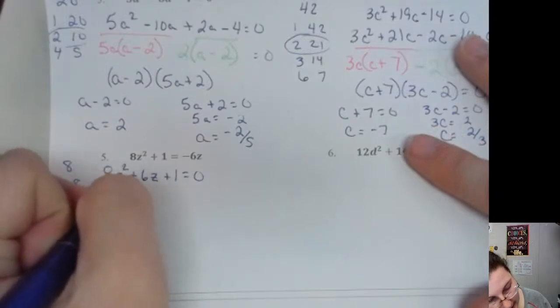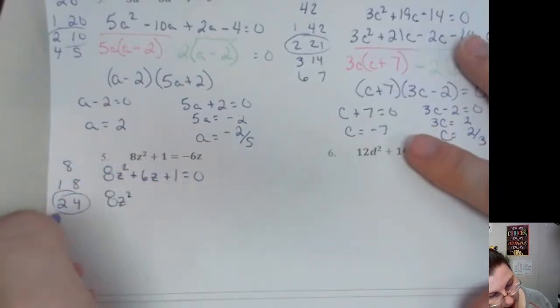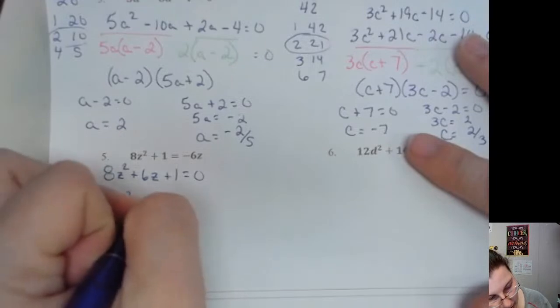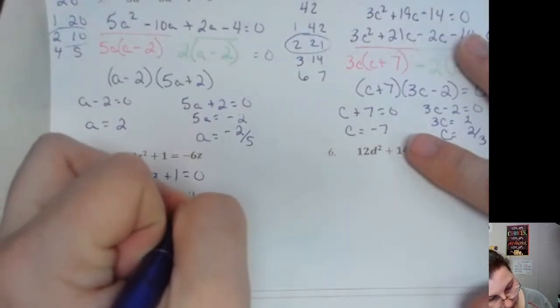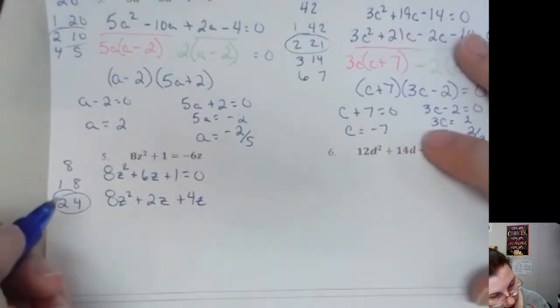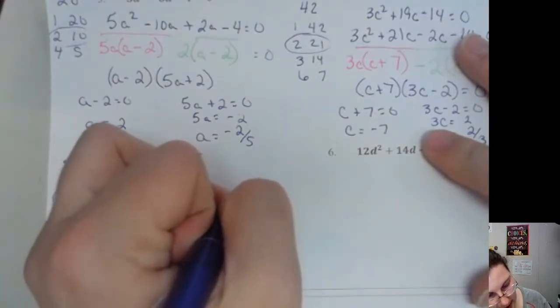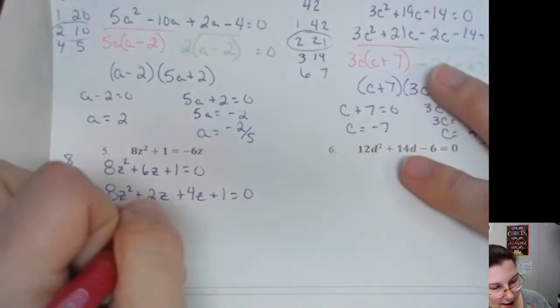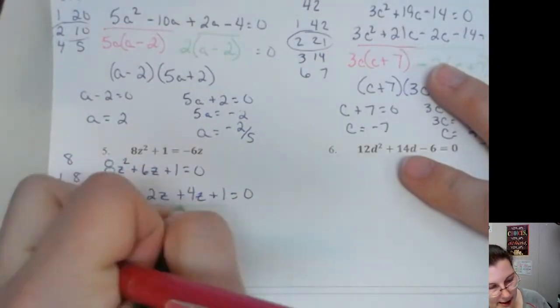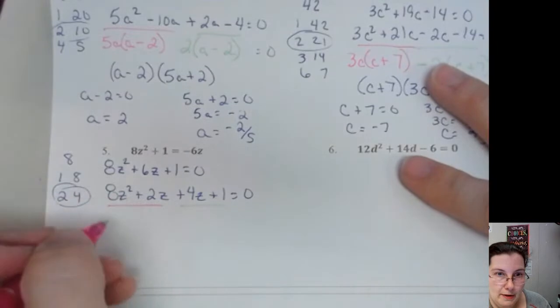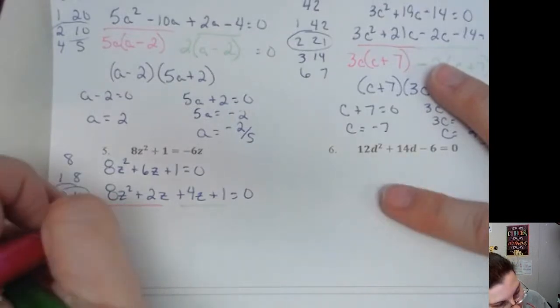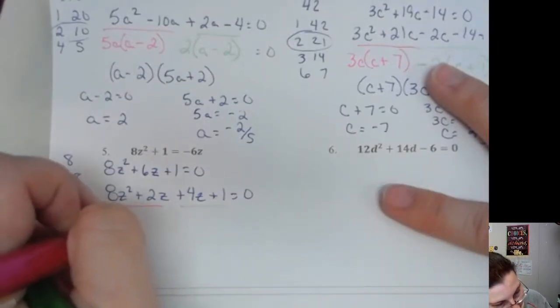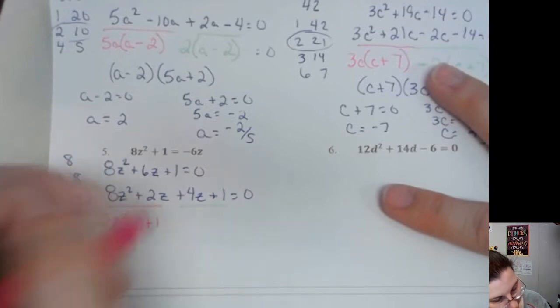So I'm going to keep 8z squared. They're all positive, so plus 2z plus 4z, and I need plus 1 equals 0. So again, when I go to divide and conquer, I'm going to do here and here. My greatest common factor between 8z squared and 2z is going to be 2z, which is going to leave me with 4z plus 1.